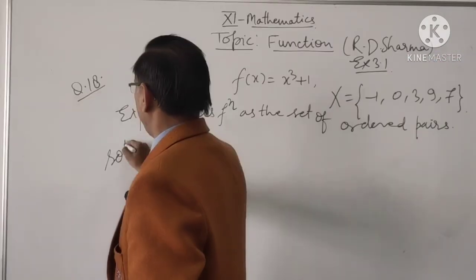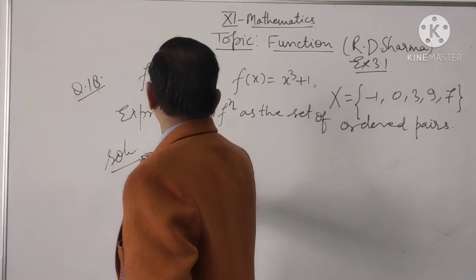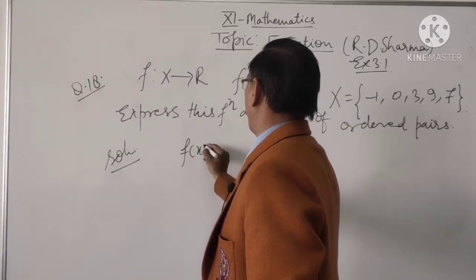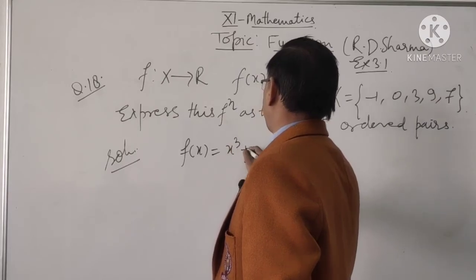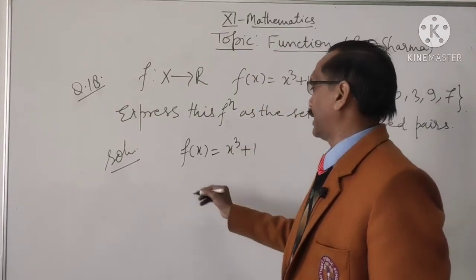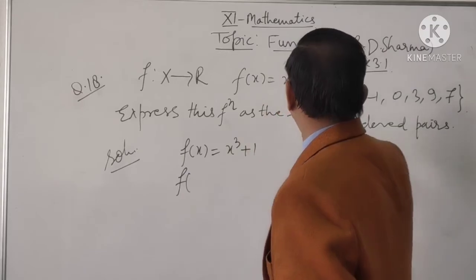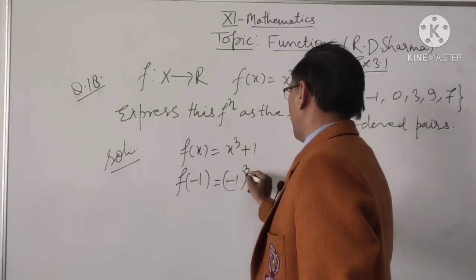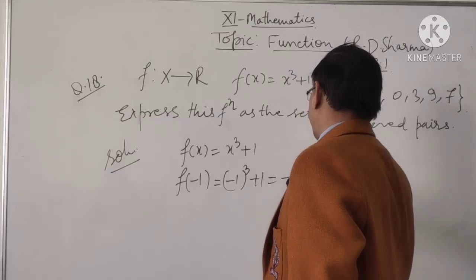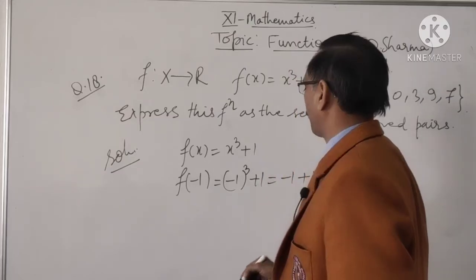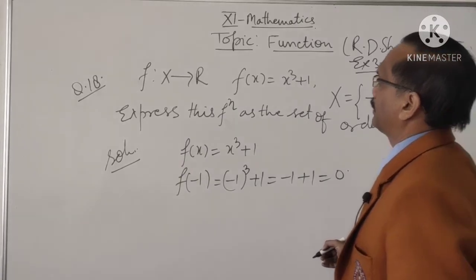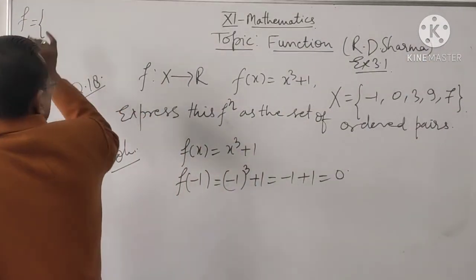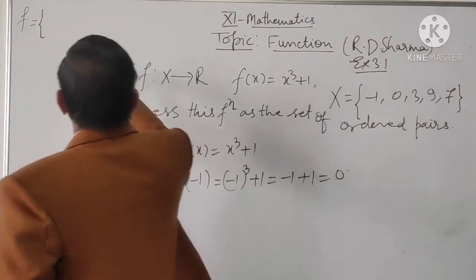Students, see the solution. Here f(x) equal to x cube plus 1. When we take x equal to minus 1, it is minus 1 cube plus 1, which is minus 1 plus 1, which is 0. So one of the ordered pairs, let's write the function here, f equal to (minus 1, 0).